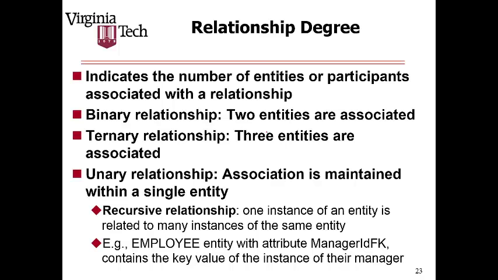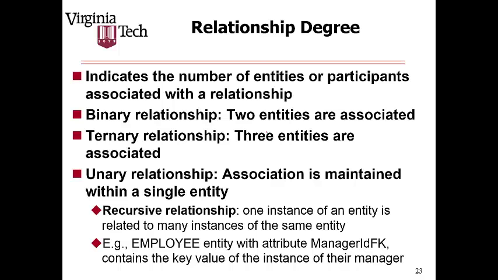So if we had my manager ID, right, I would be in this employee table and I would have an employee ID, and my manager would be in this employee table and he would have an employee ID. And what we would do for my instance of employee with my employee ID, we would also have an attribute, a foreign key of manager ID, and in there we would store the value of the employee ID of the instance that is my manager.